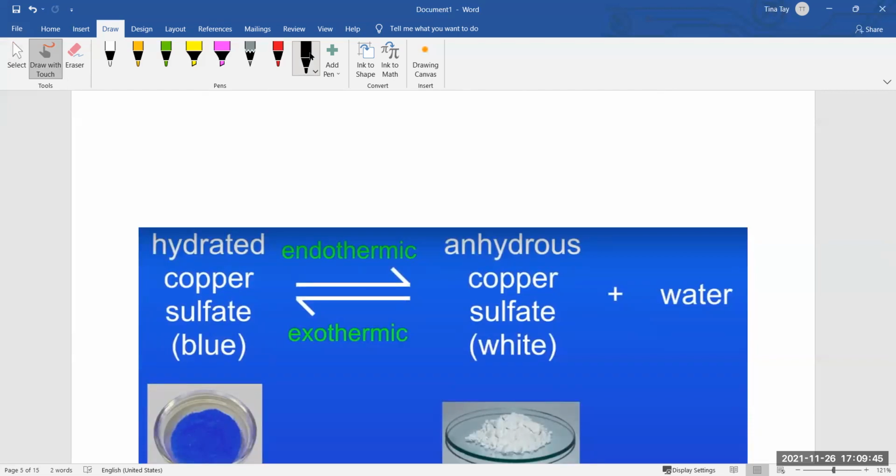Copper sulfate is blue because those are crystals.